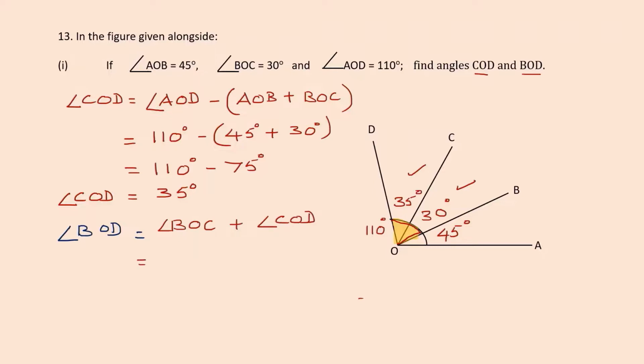So angle BOC is 30 degrees and angle COD is 35 degrees. So 30 degrees plus 35 degrees is 65 degrees. So angle BOD is 65 degrees.